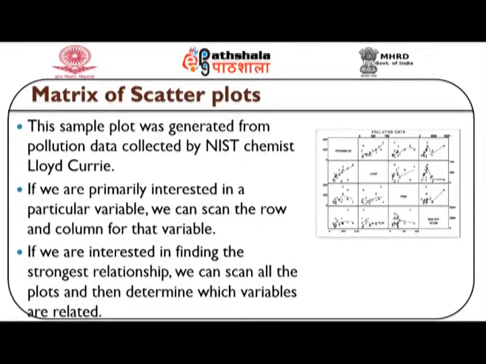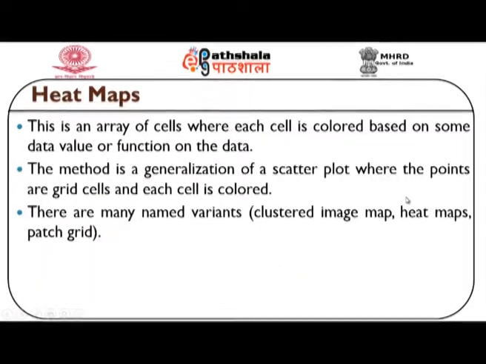Thereby, using a matrix of scatter plots, it is possible to easily visualize the relationship between each individual pollutant in this case, as well as the relationship between different sets of data.